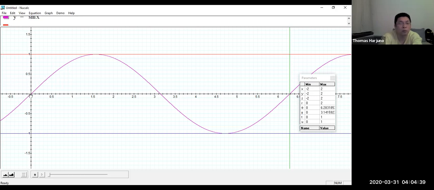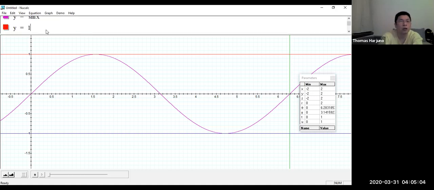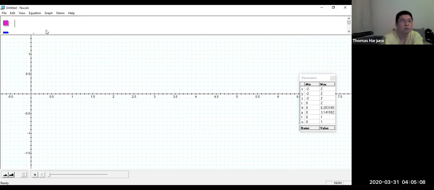It starts from the origin 0, 0, goes up to 1 at 90 degrees, goes back down to 0 at 180 degrees or pi, and then goes to -1 when x is 3 pi over 2, and so on. The reason I show you this is that on Wednesday, we will work on how this graph moves around.